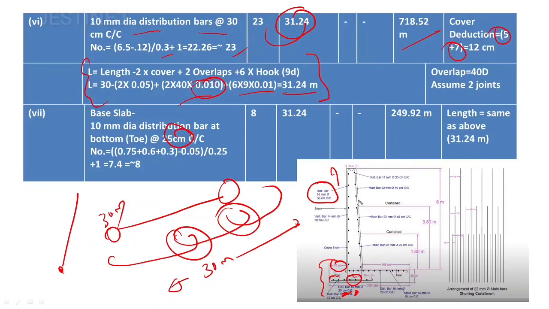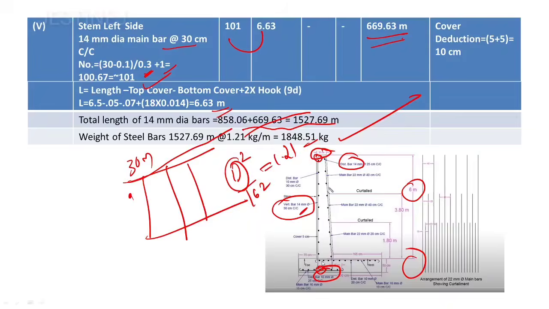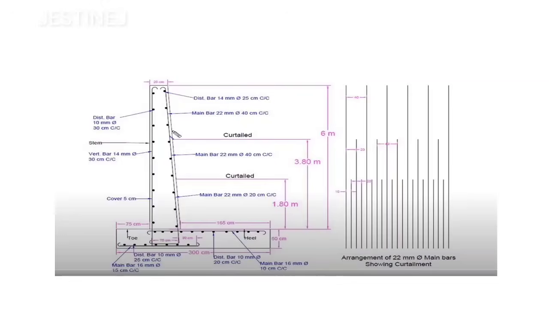0.75. Actually this much length is going to be 0.75, then 0.6 meter, then the remaining is going to be 0.3, and you can reduce the clear cover from this side only, so you get more clarity from the first diagram. So here you can observe 75 centimeter plus, then the remaining distance 60 centimeter, then the remaining distance 30 centimeter, and you have to reduce the clear cover from this side.